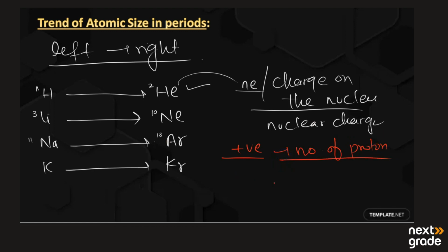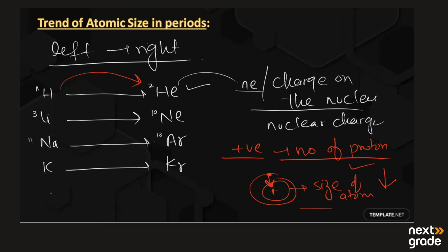And when there is more charge in the nucleus, it pulls the valence electrons more tightly toward itself. In turn, the size of an atom decreases. It means when we move from left to right, the size of an atom decreases.